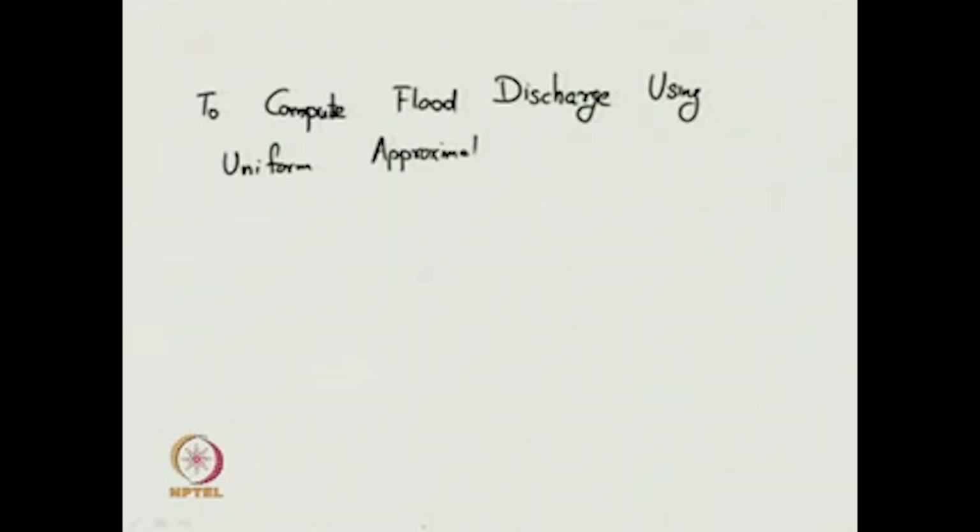To compute flood discharge using uniform flow approximation. So, let us just go back before going into the concept of what is meant by flood discharge, and how you have to use the uniform flow approximation.